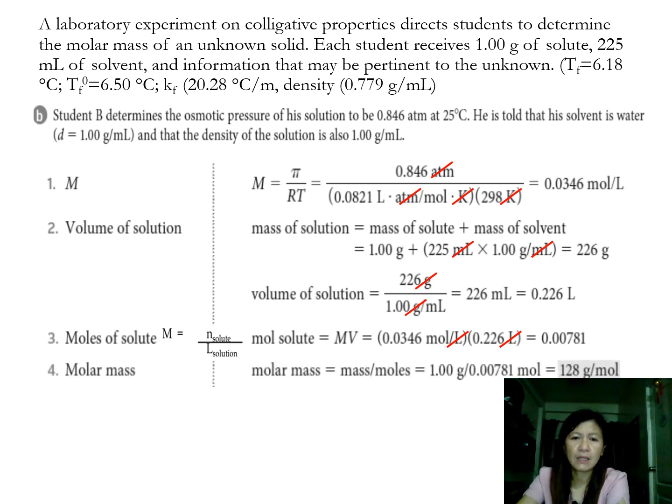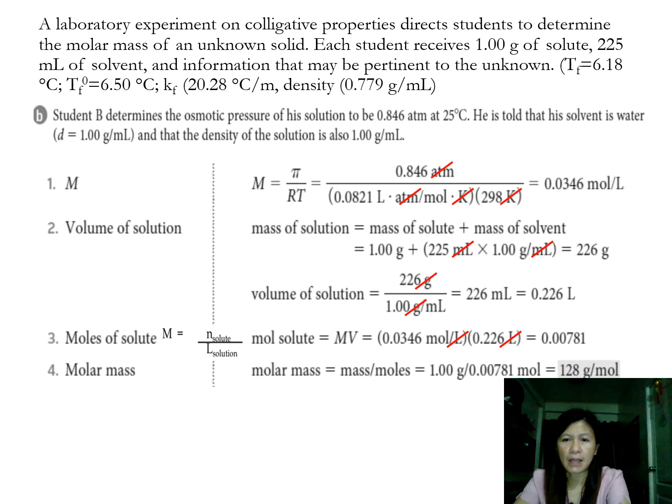And lastly, the molar mass of the unknown substance. So earlier, student A was able to determine her unknown. So this time, student B is determining his unknown. So for the molar mass, we use the formula mass of solute over mole of the solute, same substance.